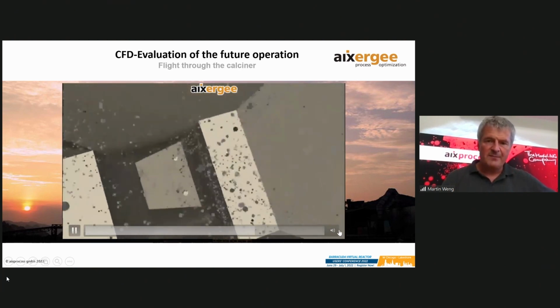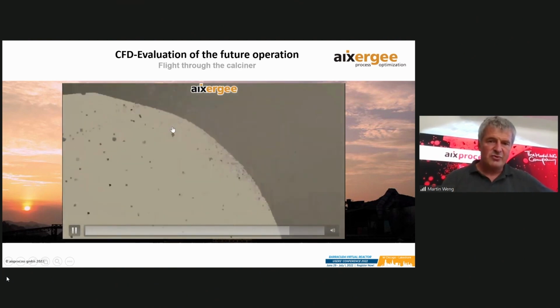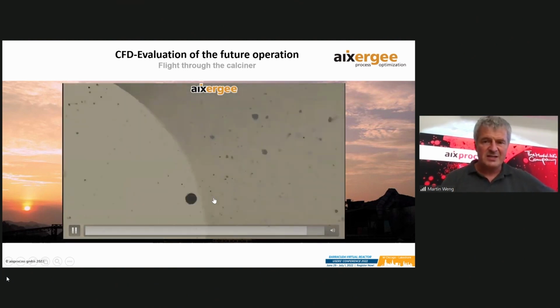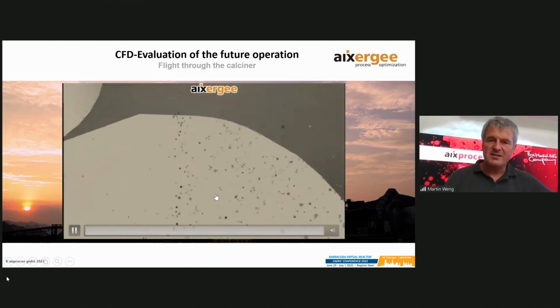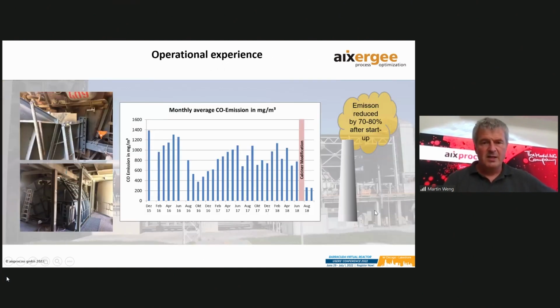This is where the fuel is suspended, going round and round and round, so with a much higher retention time for the coarse particles. So, the truth, of course, is in the end in reality.